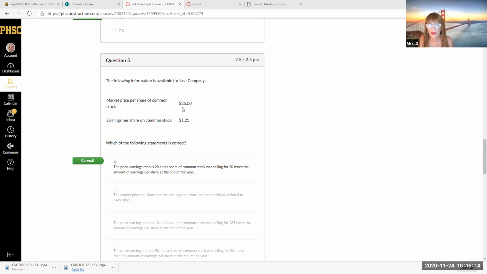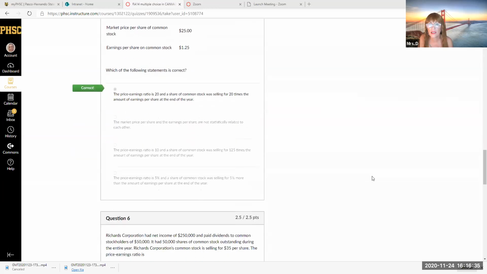They took the $25 market price and divided by the 20, which is what we came up with. That's how you get the $1.25 earnings. So on one share that you spent $25 on, it's earning $1.25 per year. Hopefully it's paying dividends. Sometimes they don't pay out the dividend, they just increase the value of the share.